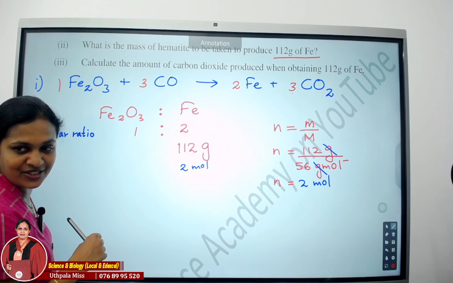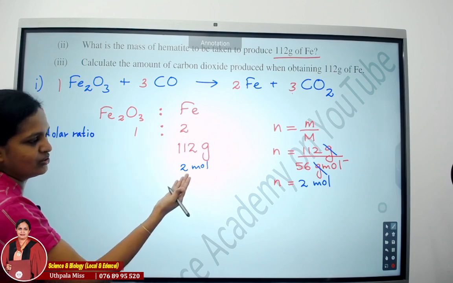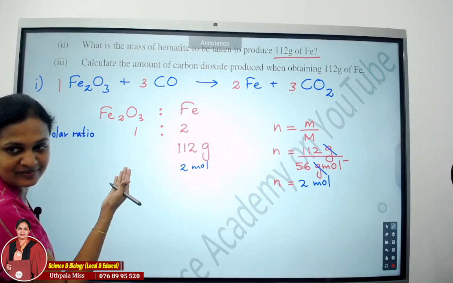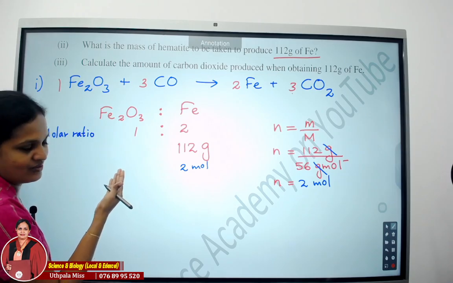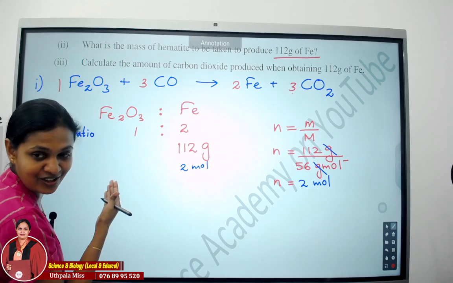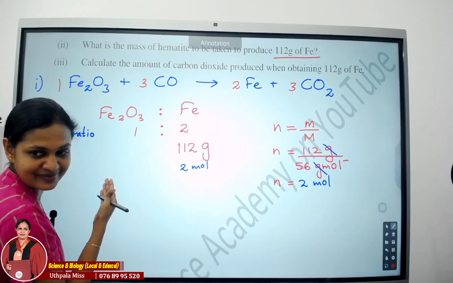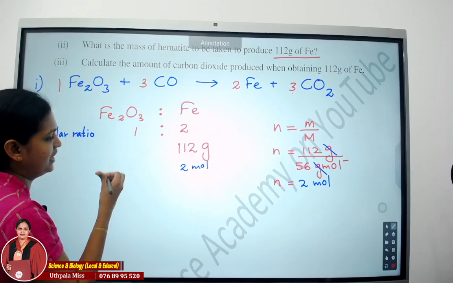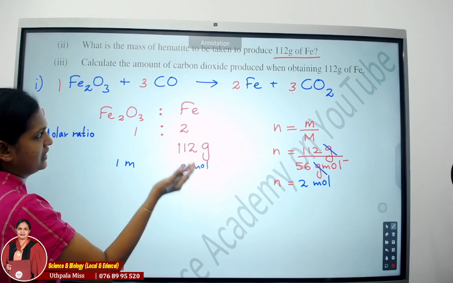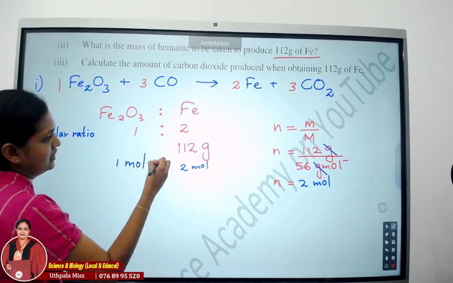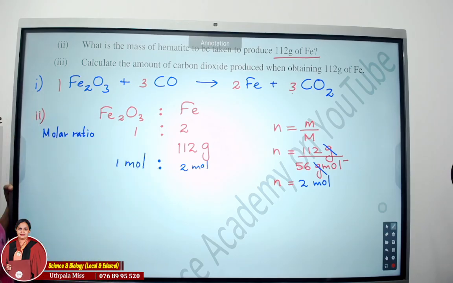The molar ratio is 1:2, so if it is 2 moles here, what is it here? Yes, 1 mole. We need 1 mole of hematite.